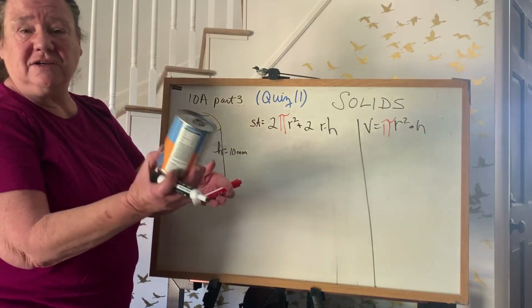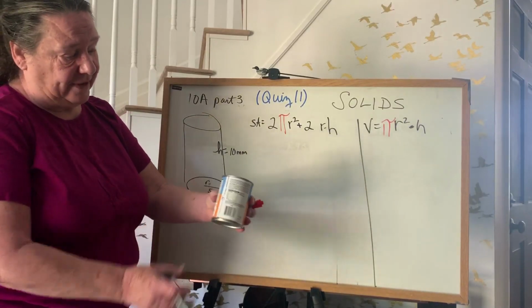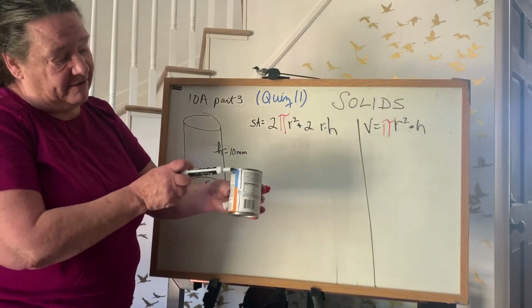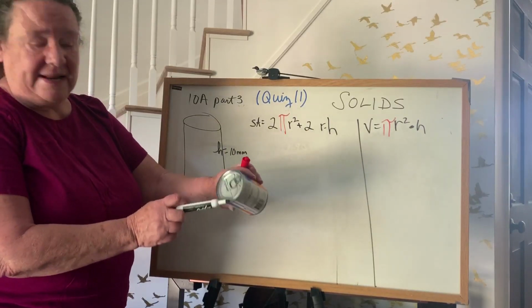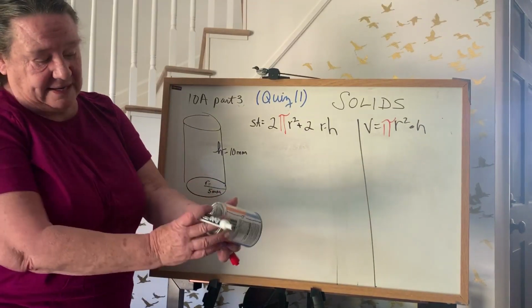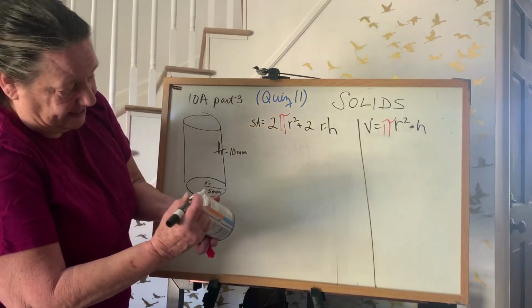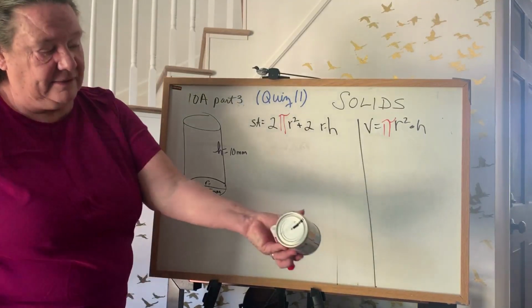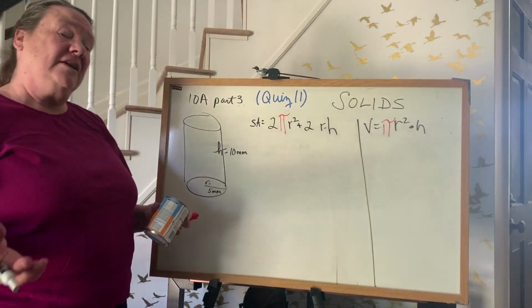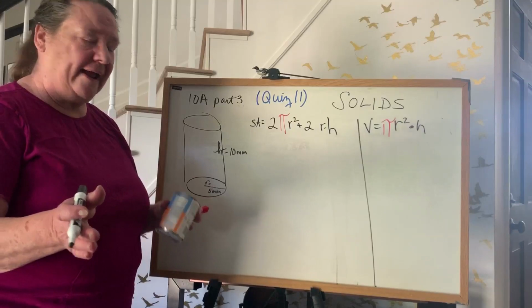I have my dog's food here for you to look at. For this you have a height and a radius. There's your radius. Can you see it? Let me put it in a little darker for you. There's the radius. If you're given a diameter, be sure to cut it in half.